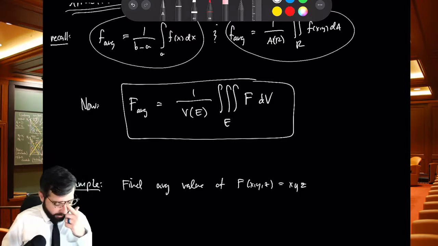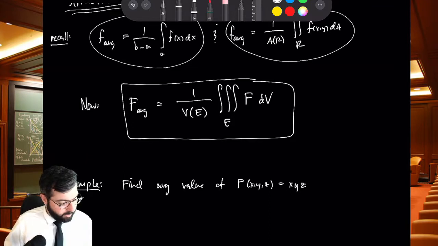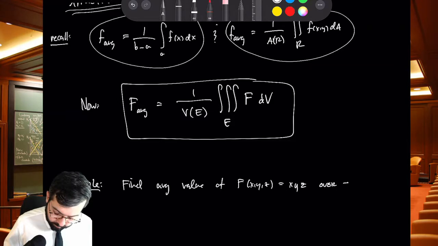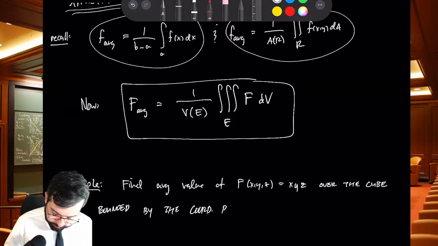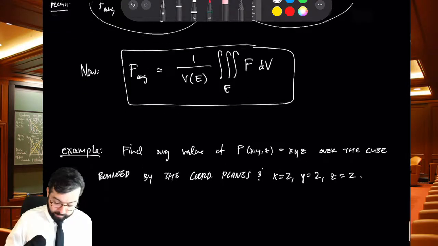All right, so we'll take the product of the coordinates as we bounce around a cube bounded by the coordinate planes and the planes x equals 2, y equals 2, z equals 2 in the first octant.